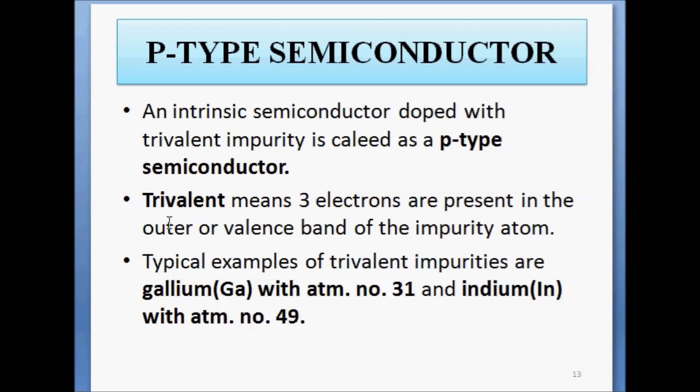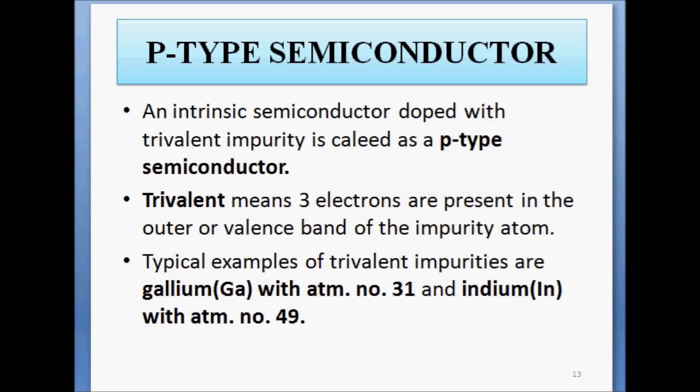Trivalent means obviously 3 electrons in the valence band or outer band of the impurity atom. Typical examples of trivalent impurities are gallium with atomic number 31 and indium with atomic number 49.